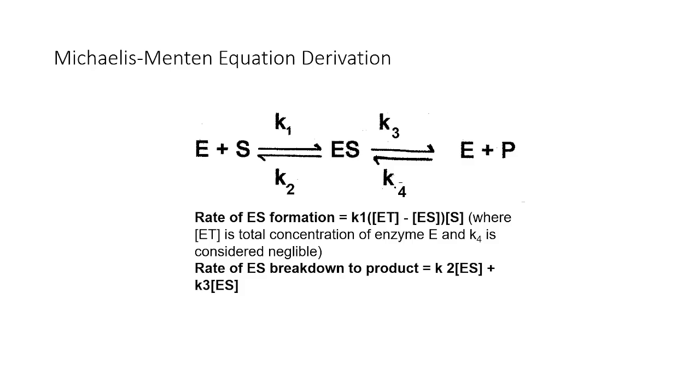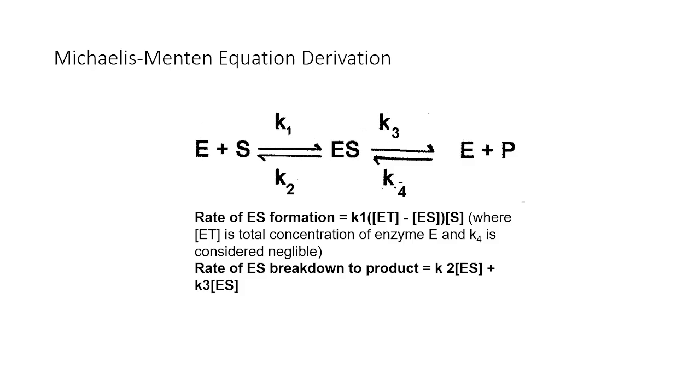So you can understand the rate of ES formation. It's a steady state approximation where the rate of ES tends to 0, because you do not get the complex in hand. Rather, what you only find is the unreacted reactant, the substrate, and finally the product. The rate of the complex formation is equal to K1 times the total enzyme present minus the enzyme with the substrate, multiplied by the substrate.